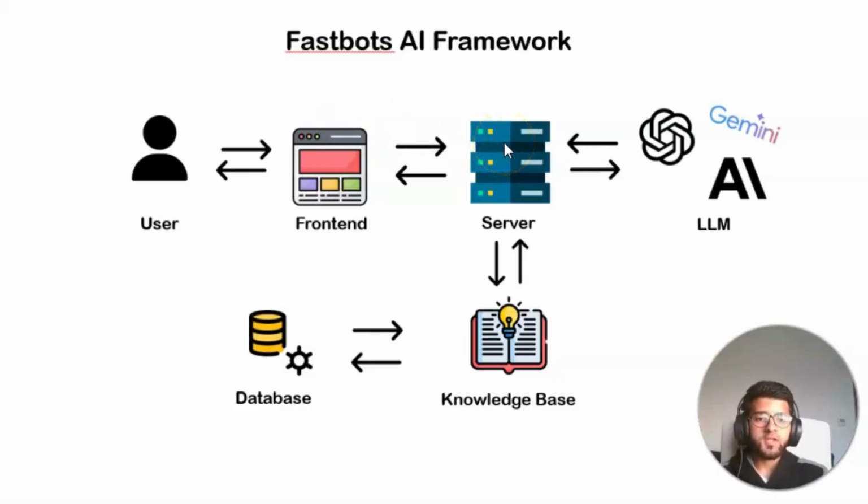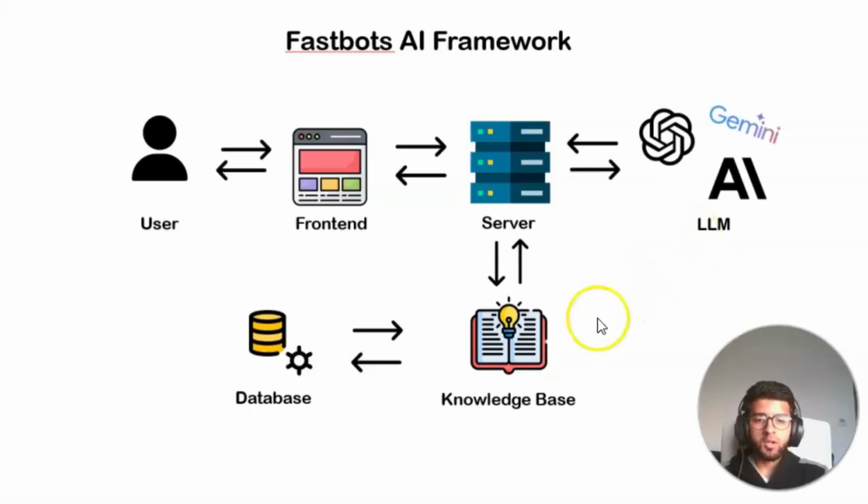The server is a mechanism that shares resources back and forth. It accesses resources, takes them from another component and sends them back, and vice versa. Then we have the LLM, which is used for natural language processing, generative AI, and machine learning. Basically, the AI of the chatbot lives in the LLM.